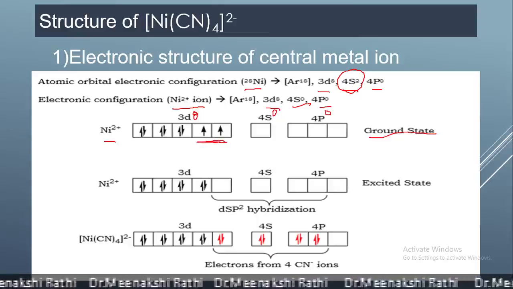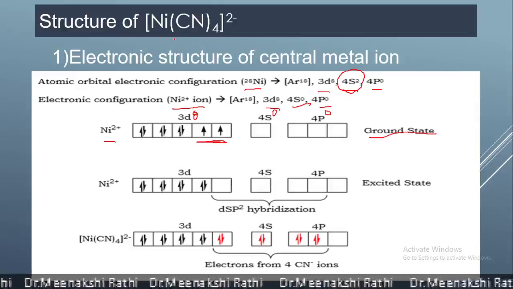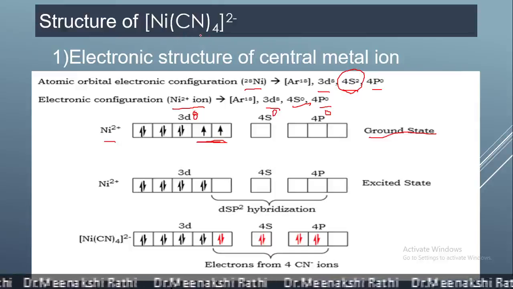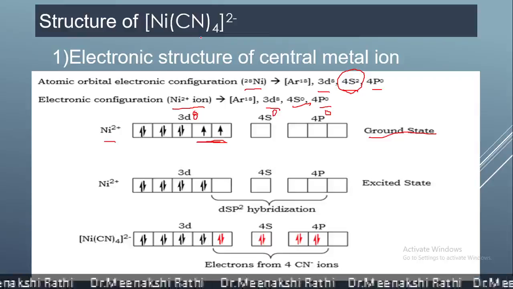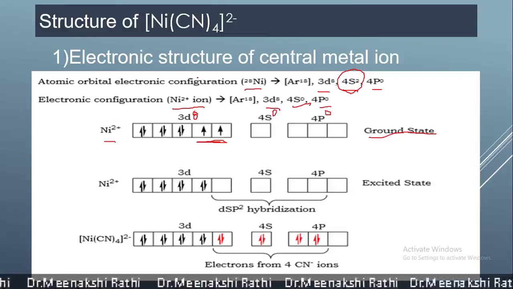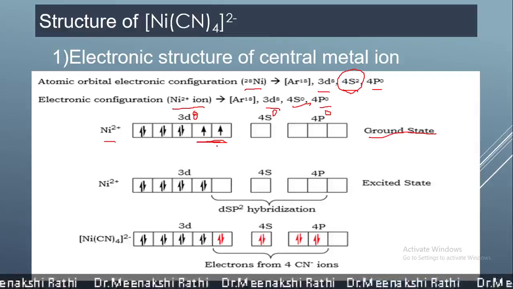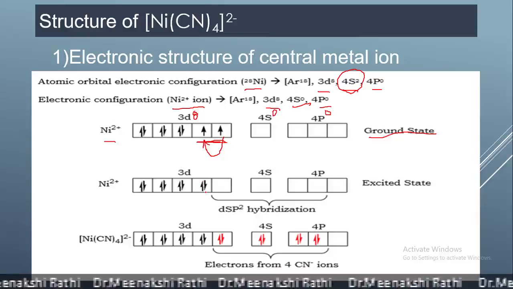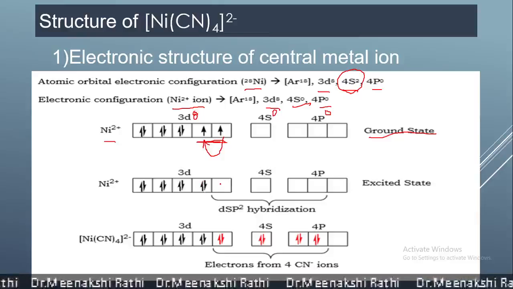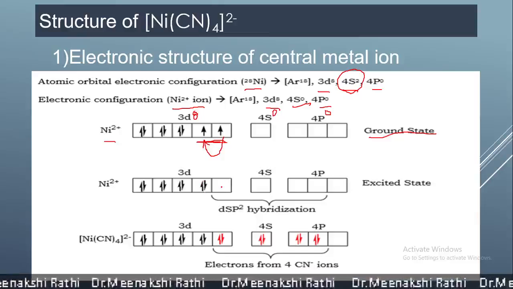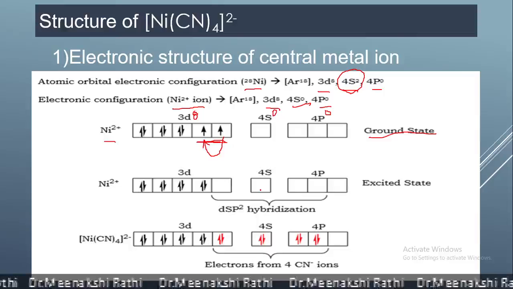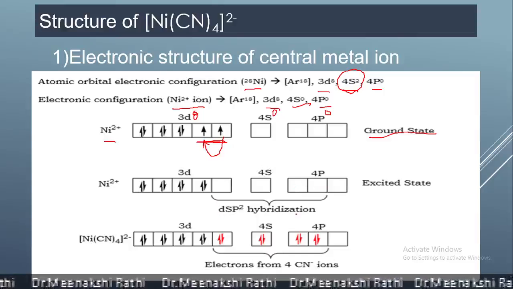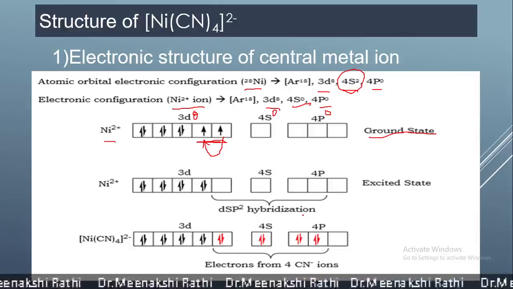But during the formation of the tetracyanonickelate ion, cyano is the stronger ligand. So it provides pairing up energy, and hence these 2 electrons get paired up in the excited state. So this electron jumps from here to here and gets paired. So one d orbital becomes vacant, and this vacant d orbital along with one s and two p orbitals undergo dsp2 hybridization for the nickel ion.